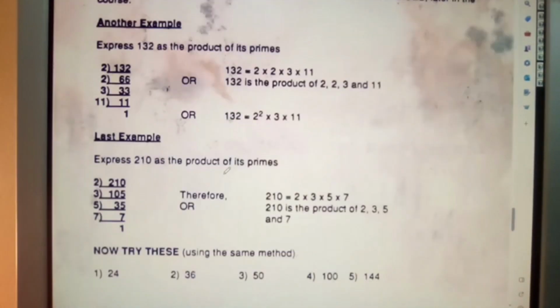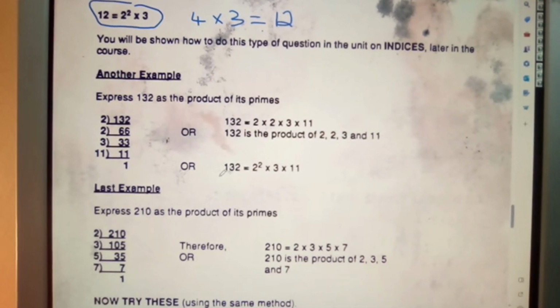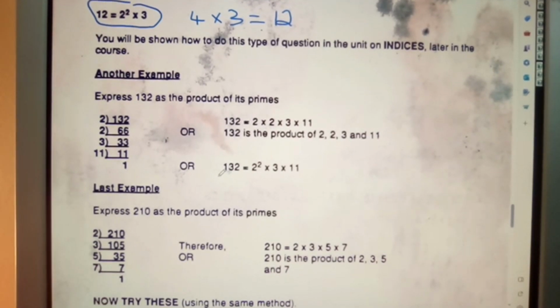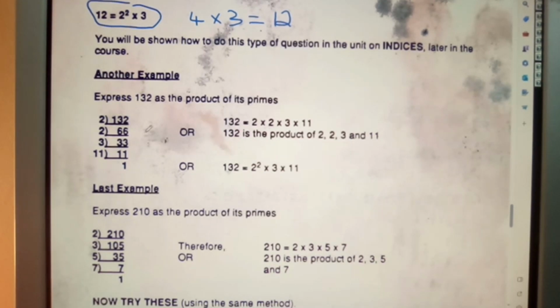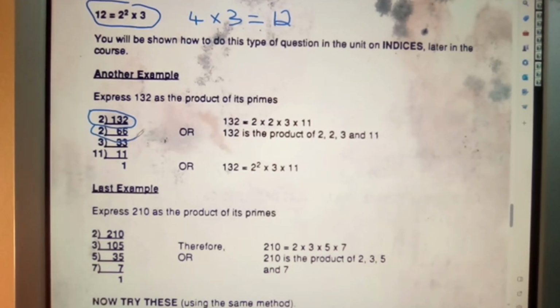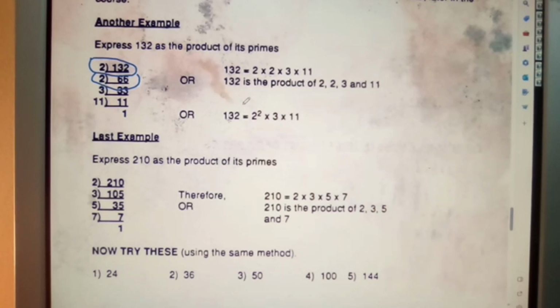And here we have another example, okay? Express 132 as the product of its prime factors. And what's happened here is that it's been divided stage by stage until you get down to a point where you're dividing it and dividing it and you get an end result, okay?